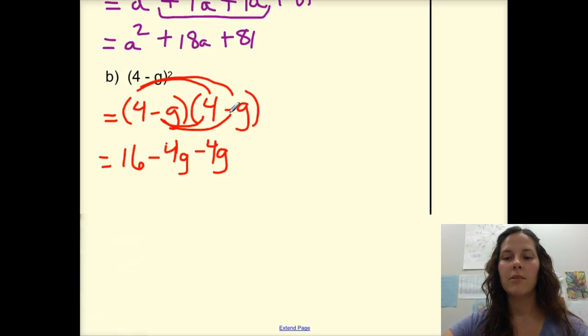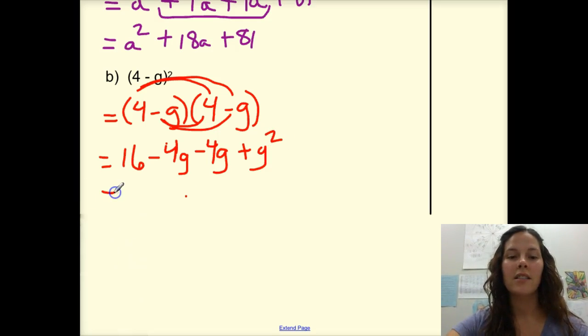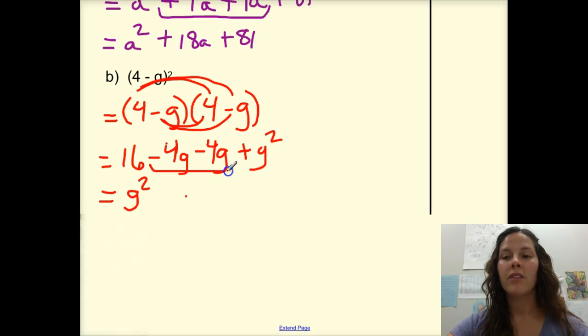And negative g times negative g is positive g squared. Combining our like terms and writing this in standard form, our g squared ended up on the end this time, so I'm going to move that to the beginning. Again, we've got two of the same term in the middle, and they have the same sign, so they do not cancel. So we have a total of negative 8 g's, and then our plus 16.